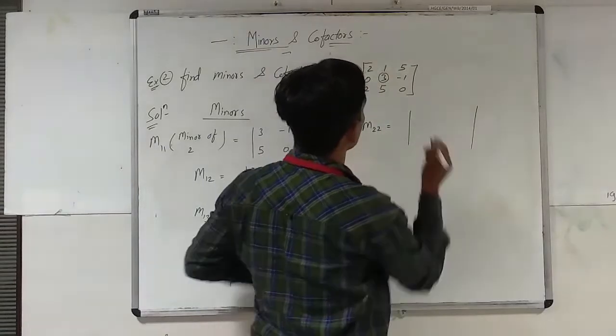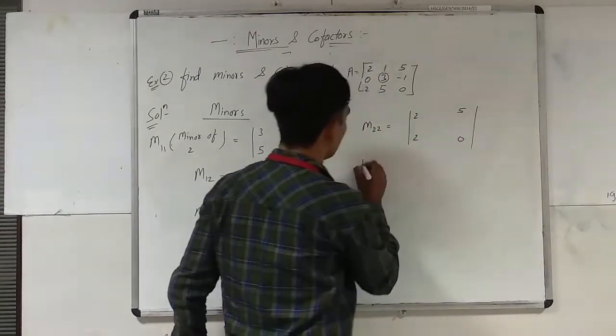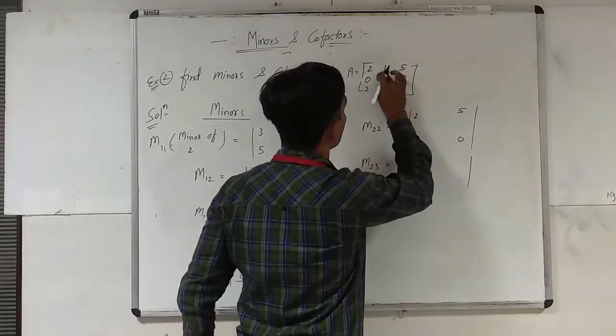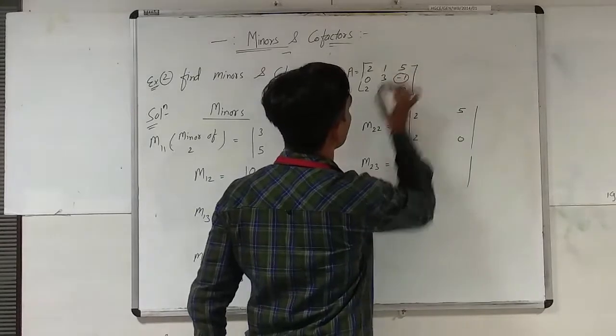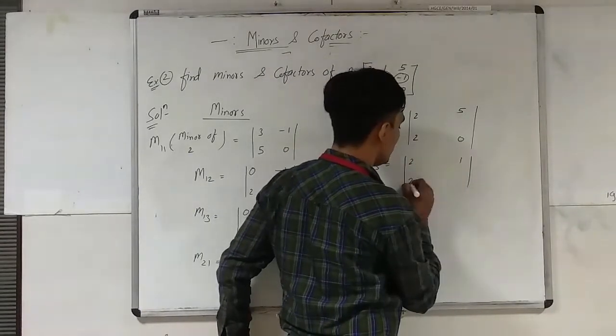Removing them, we get 2 5 2 0. M23, second row, third column. So 2 1 2 5.